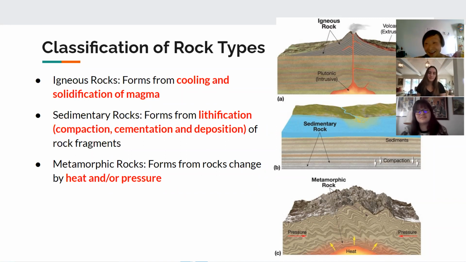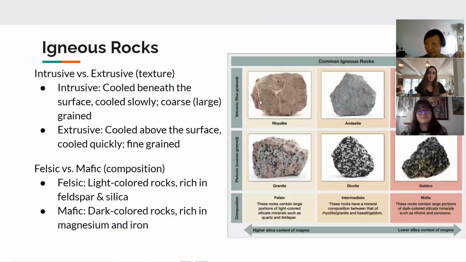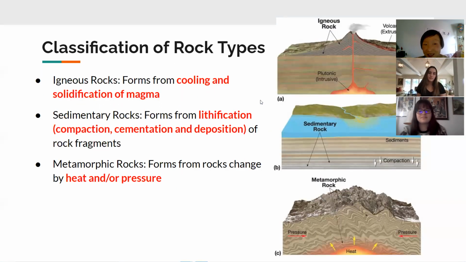But on Thursday you will see they cool down in different ways. You assemble different minerals, you will have different igneous rock. And from your igneous rock, when you break them down into pieces, just like you break down your cracker and then press it to make your pumpkin pie crust, that is your sedimentary rock.